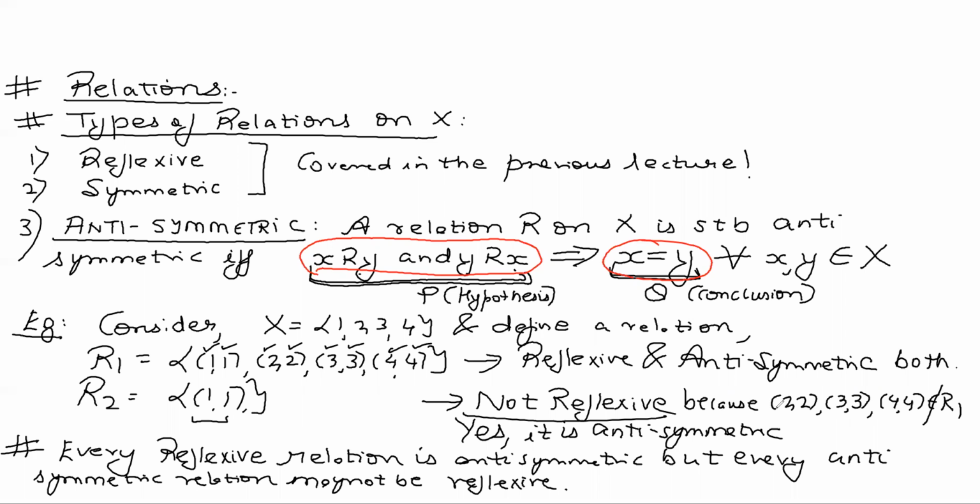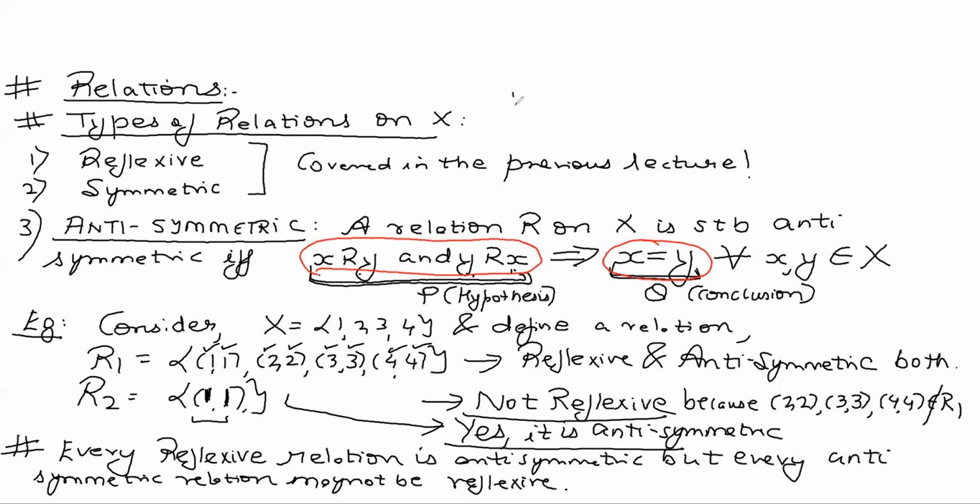But is it antisymmetric? Yes, this is antisymmetric. Why? Because you can see x is related to y and y is related to x implies x is equal to y. 1 is equal to 1. So I hope all students have understood this.